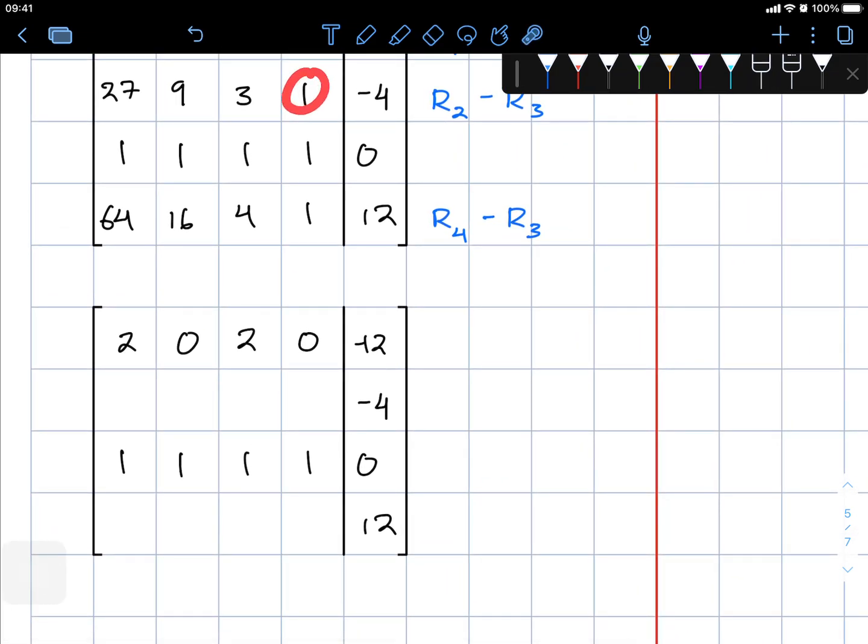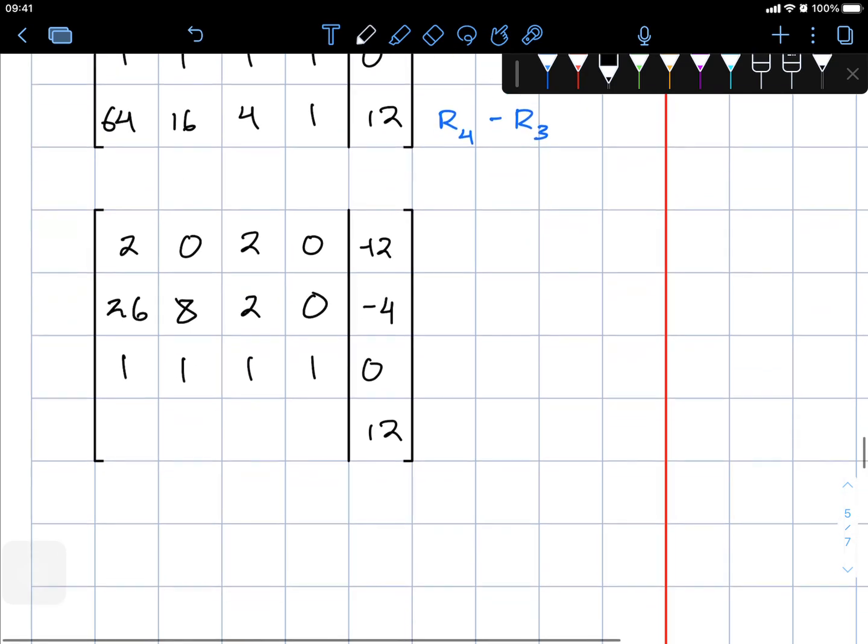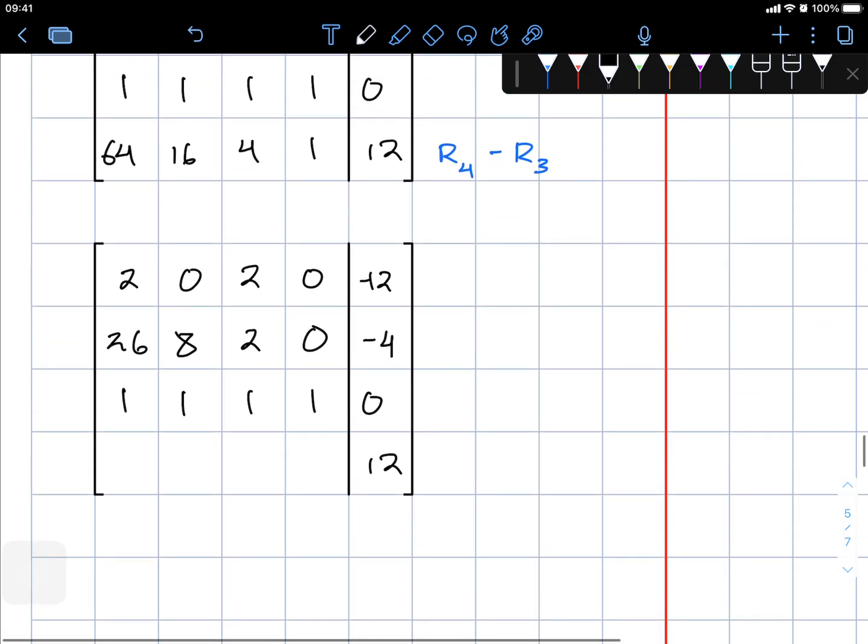Subtracting this time, 1 take away 1 is 0. 3 take away 1, 2, 9 take away 1, 8, 27 take away 1, 26. This last row, 1 take away 1, 0, 4 take away 1, 3, 16 take away 1, 15, 64 take away 1, 63.